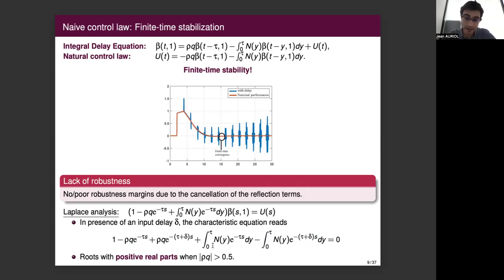In particular, it's the case when rho Q in modulus is greater than 1/2, because you have the condition which is given, for instance, by Hale and Lunel, that rho in modulus plus Q in modulus must be smaller than 1. So obviously, in the simulation I showed you, I chose rho Q in modulus to be greater than 1/2. So that's why killing all the reflection can be a problem.